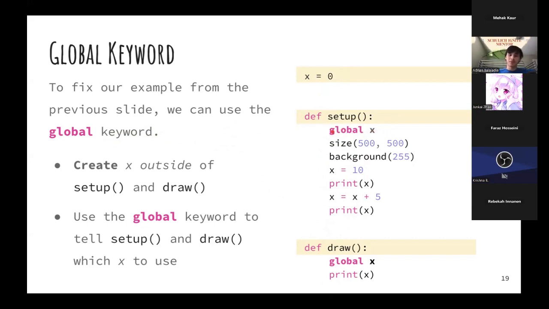That means we're telling the computer we're gonna use a variable from the outside. So we create x outside of setup and draw, and we use the global keyword to tell setup and draw which x we want to use. You have to specify global x both in setup and in draw.